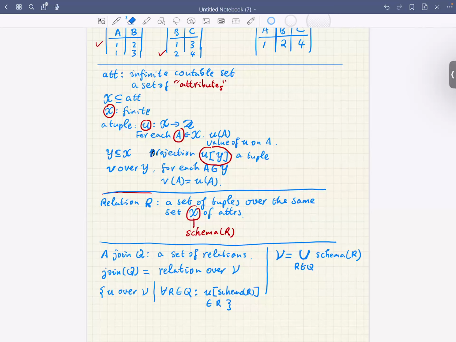Because you will see this is not exactly how the input size is defined with respect to a Turing machine. The input size of a join is defined as the total number of values you will need in order to represent all the tuples in the input relations.